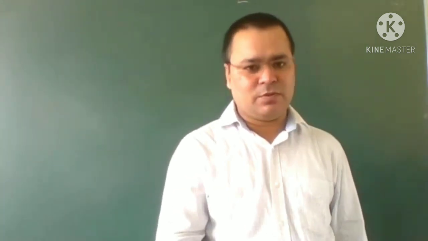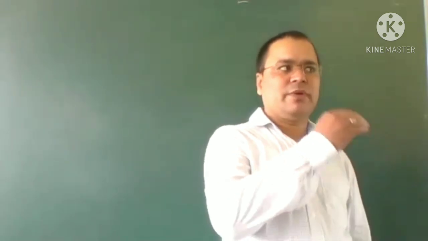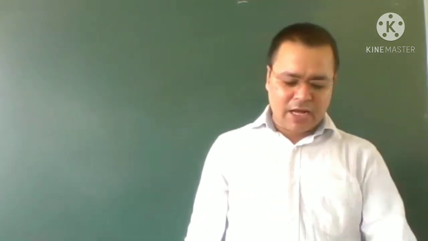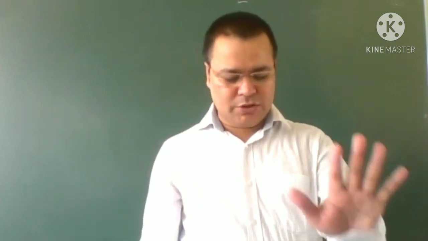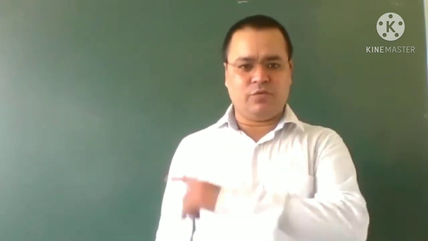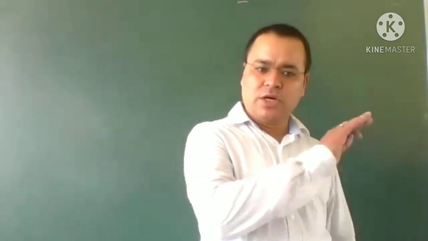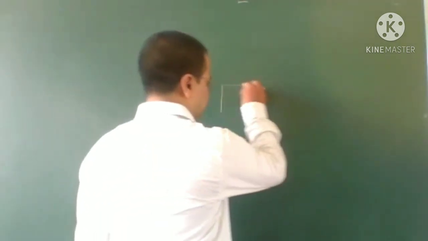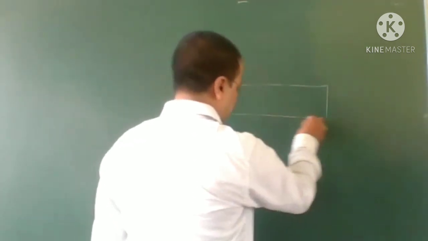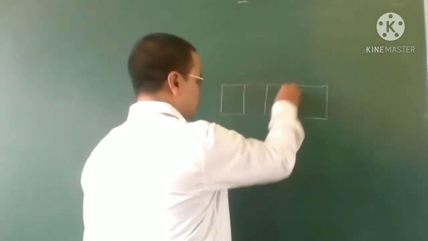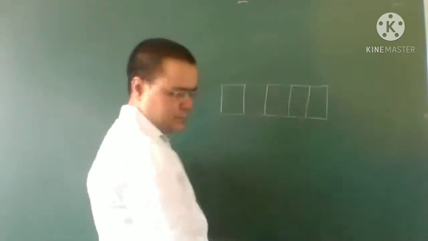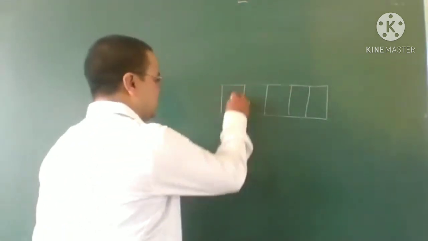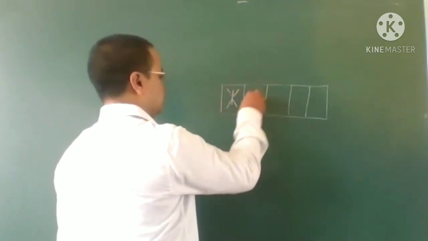This type of explanation was in question number 18 and 20, I think. Look here. There are 3 candidates and 5 voters. Total number of voters is 5: 1, 2, 3, 4, 5. They are the voters.